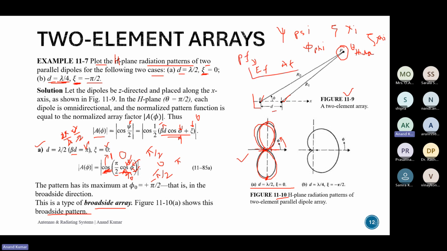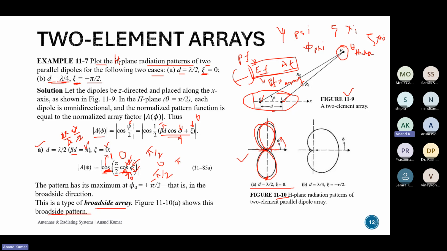But now this combination is the pattern function for the array. So we found the total electric field due to this configuration, removed the common magnitudes part, and then the element factor and array factor together form the pattern function.